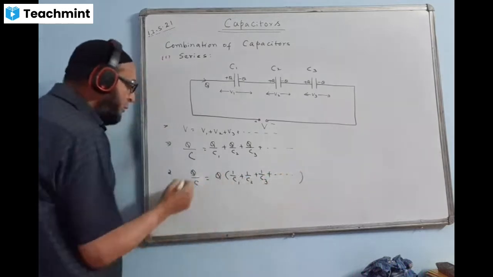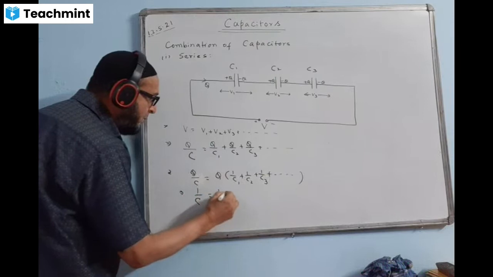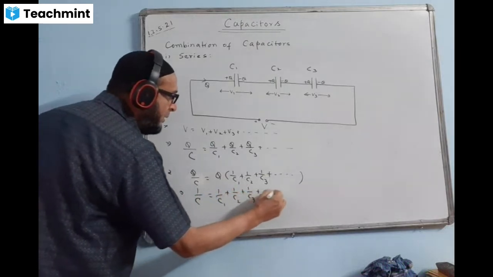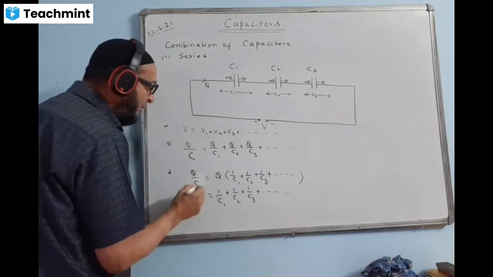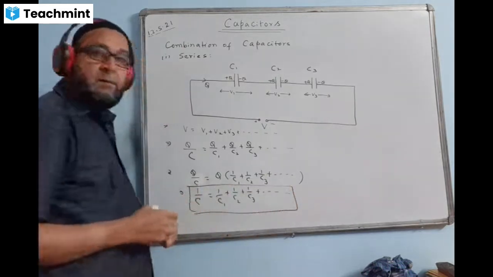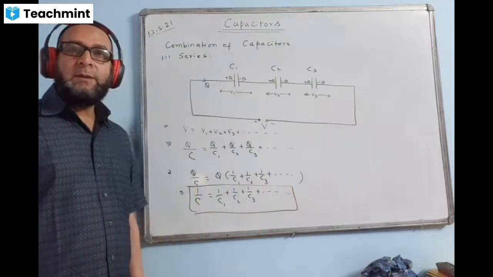Q and Q cancel. You get the answer 1 by C is equal to 1 by C1 plus 1 by C2 plus 1 by C3 and so on. So this becomes the formula of total capacitance.